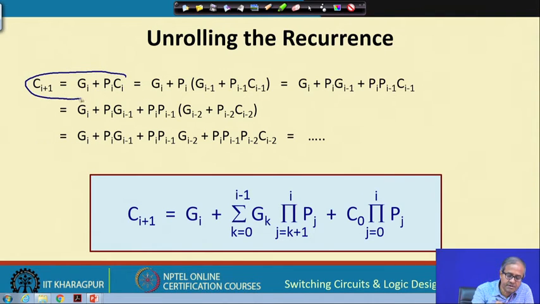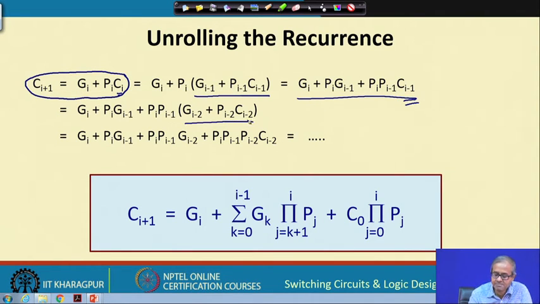Now, if we go on expanding this C I plus 1, C I I can write like this, multiply this out, I get this. The C I minus 1 I can again write like this, I again multiply, go on doing this.